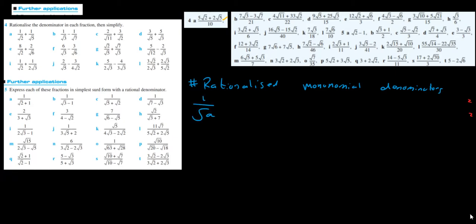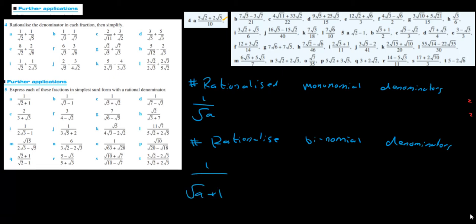That is monomial. We're now going to rationalize binomial denominators. Bi means 2, something like this.